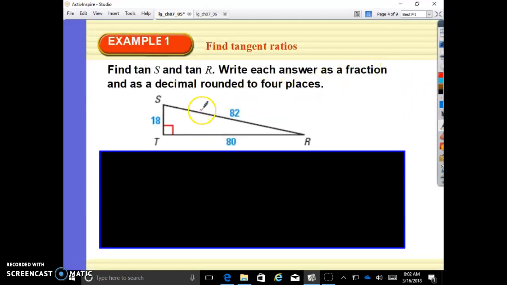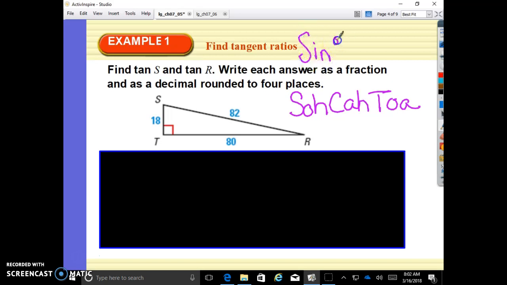Find tan S and tan R. Write each answer as a fraction and as a decimal rounded to 4 places. So tan S. We're going to use a mnemonic to help us with this, and that mnemonic is SOHCAHTOA. So sine is opposite over hypotenuse.